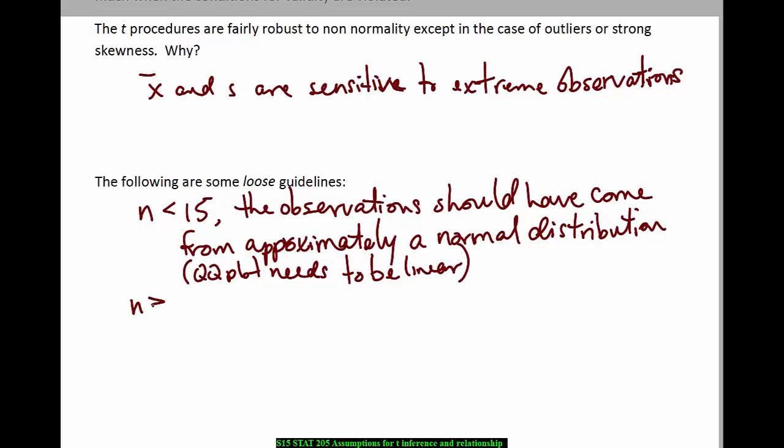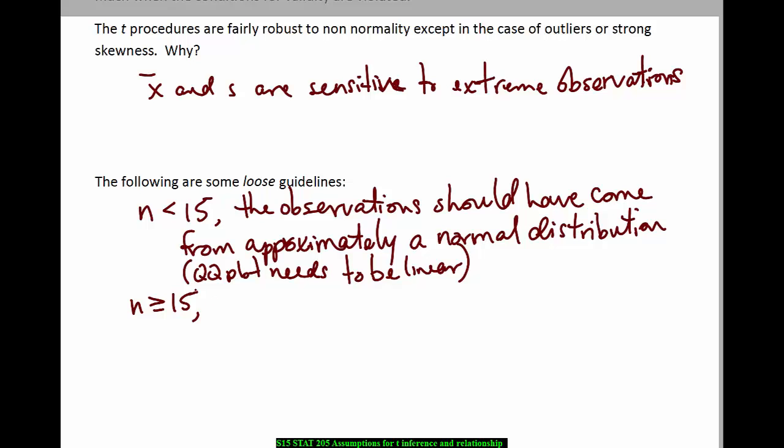If your sample size is bigger than or equal to 15, this is going to be a moderate sample size. So if it's bigger than or equal to 15, then the central limit theorem is probably going to kick in. It's probably going to be okay to proceed with t-based inference as long as you don't have strong skewness or outliers.